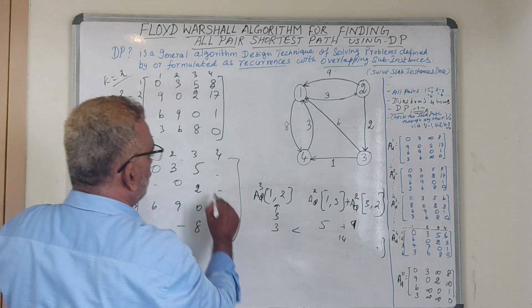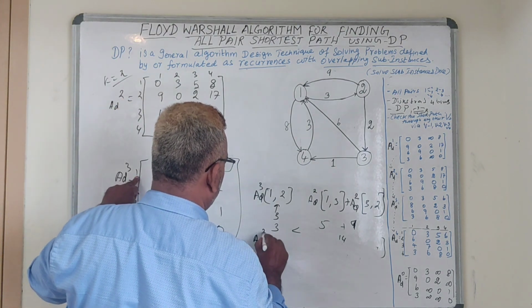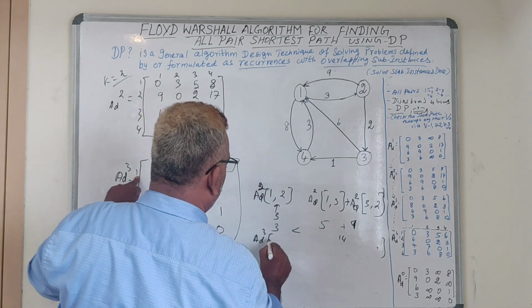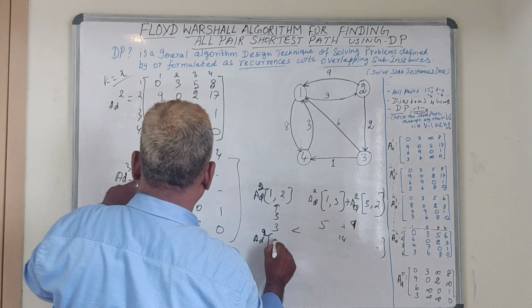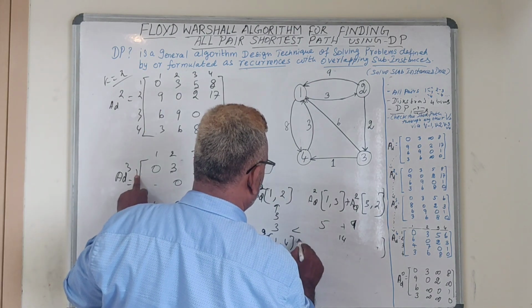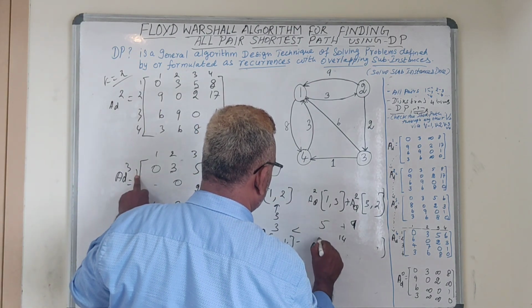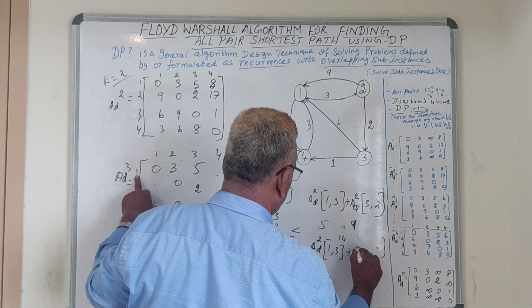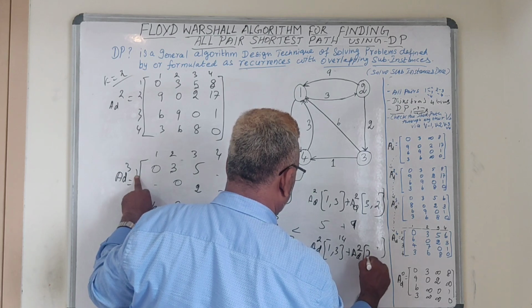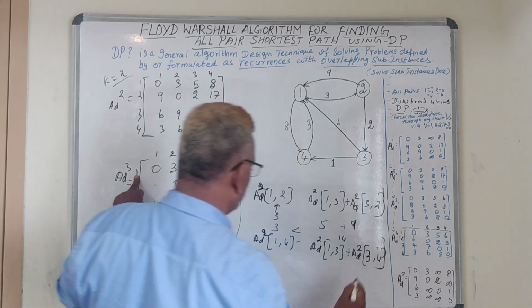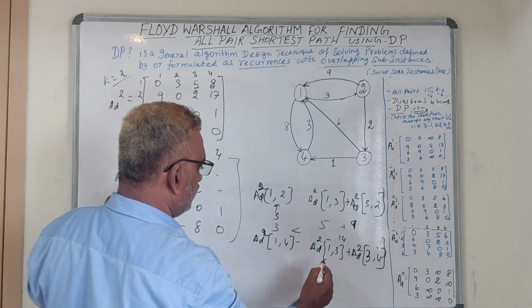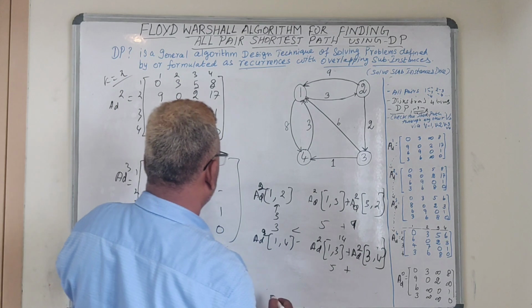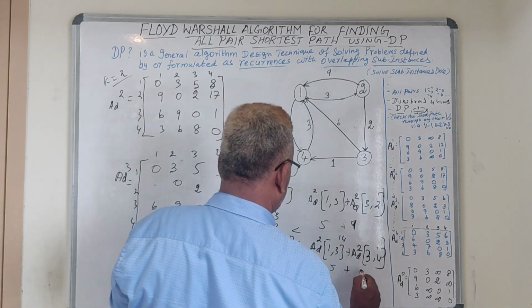Then similarly 1 to 4: AD3 of 1 to 4 is AD2 of 1 to 3 plus AD2 of 3 to 4. 1 to 3 is 5 plus 3 to 4 is 1.